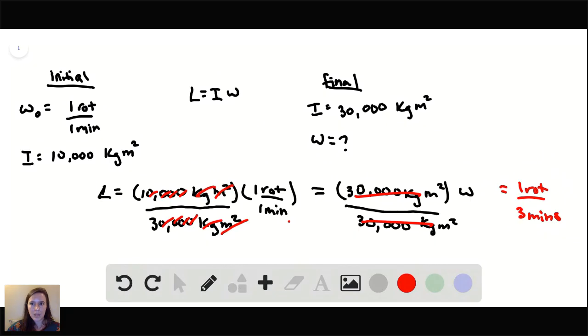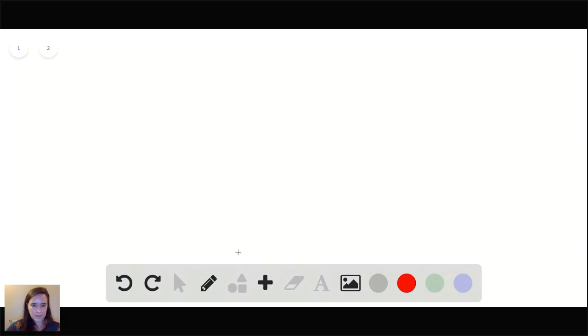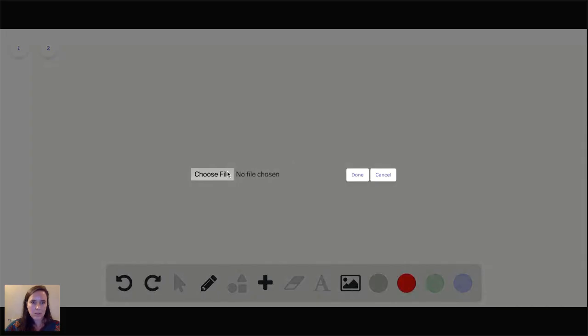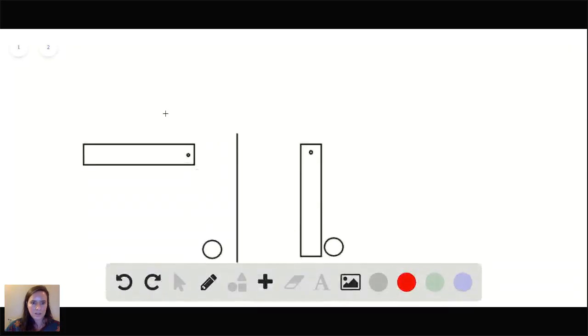All right, let's try another one. We are going to upload a file to here. Can you see that? Dang it, that didn't work. Okay, never mind, we're not going to do that.